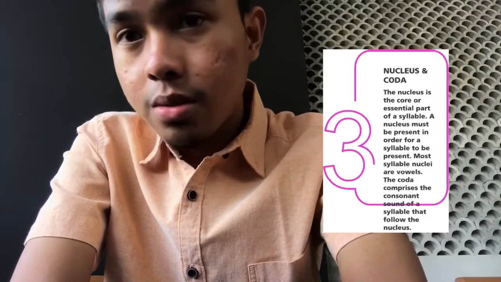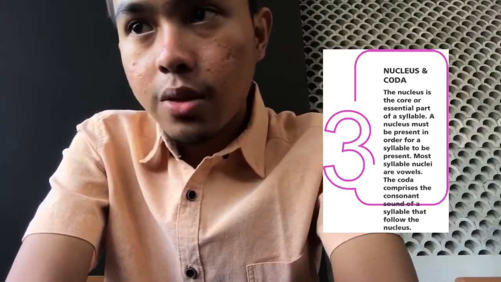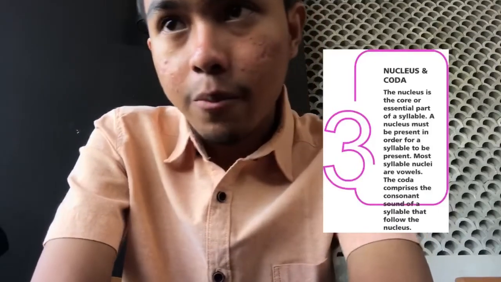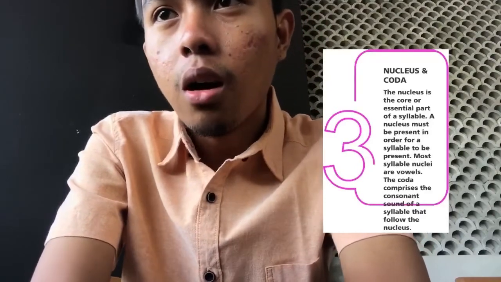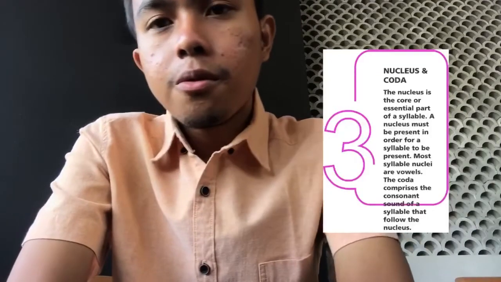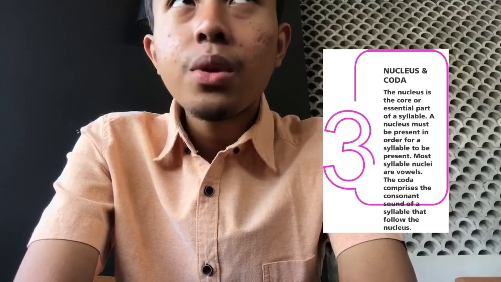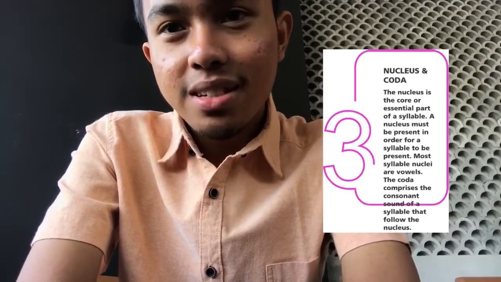The coda comprises the consonant sounds of a syllable that follow the nucleus. So there are pretty much four parts of a syllable, and we are going to learn about it in the next slide.